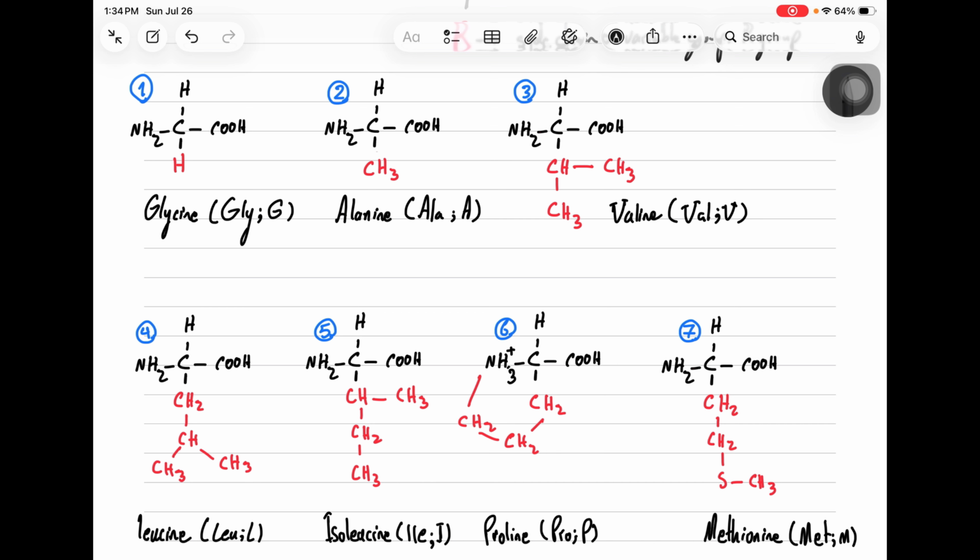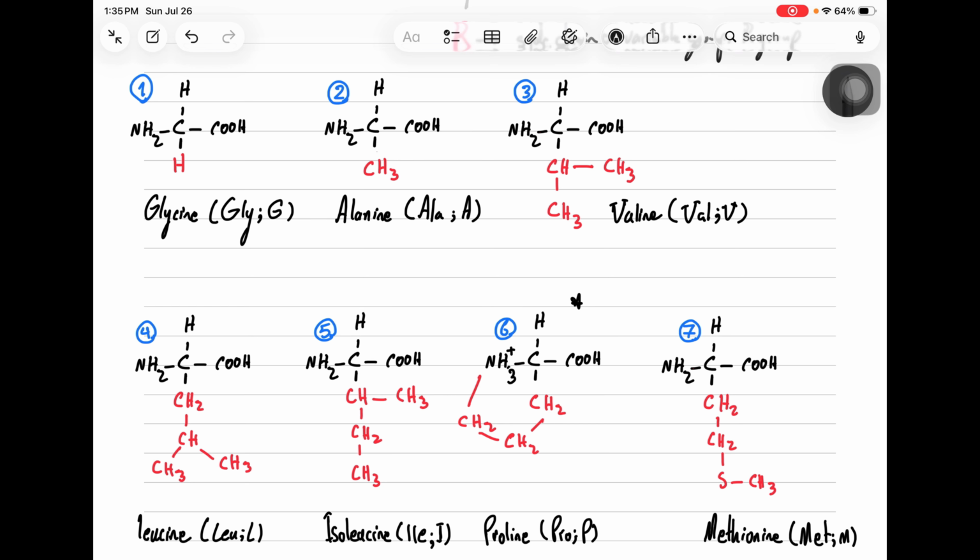Among them, again, glycine is the smallest, and proline, the amino acid right here, is unusual because its side chain loops back and bonds to its own amino group, forming a ring structure. That structural quirk matters later when we talk about protein folding, because proline physically cannot bend the way other amino acids do.